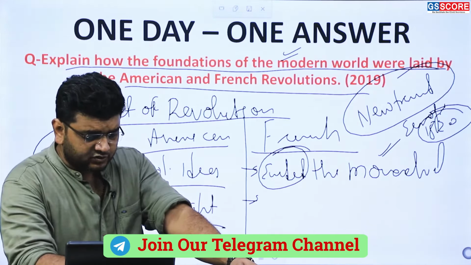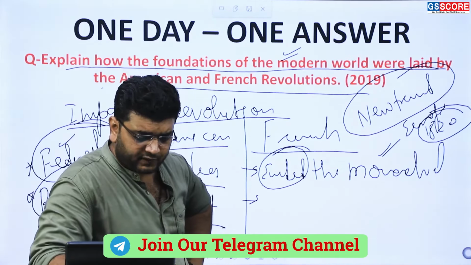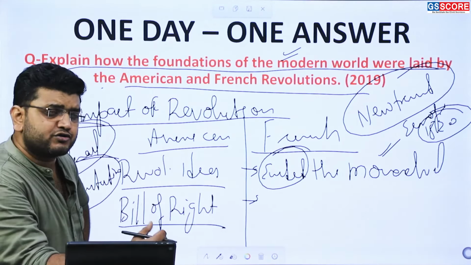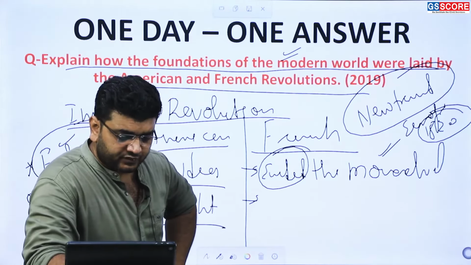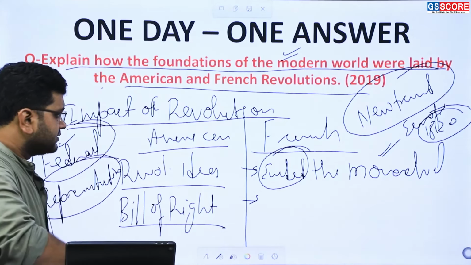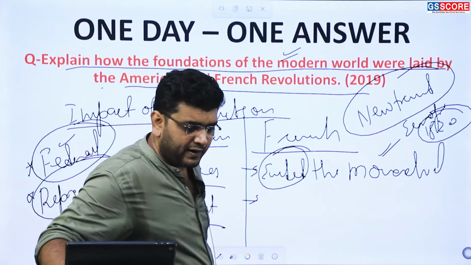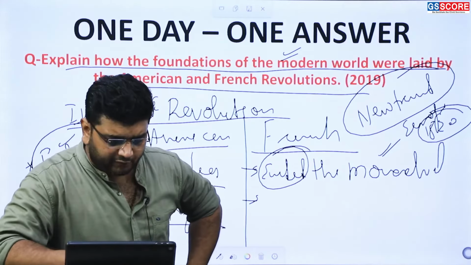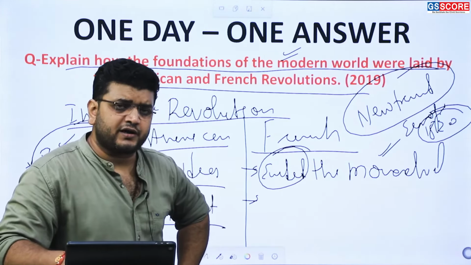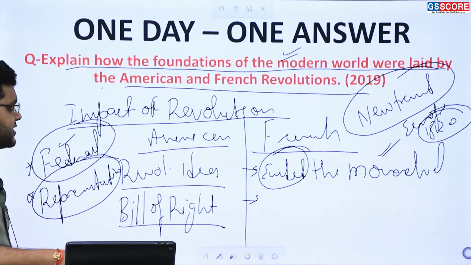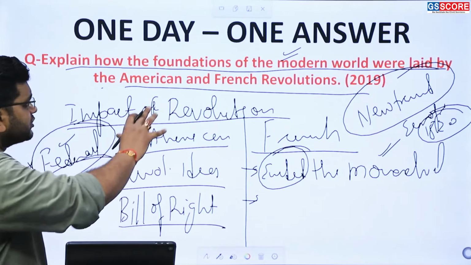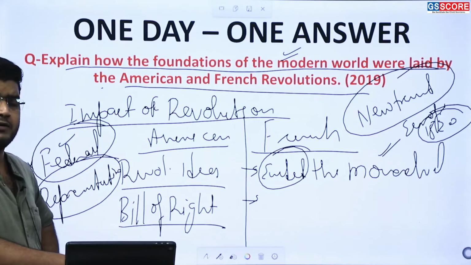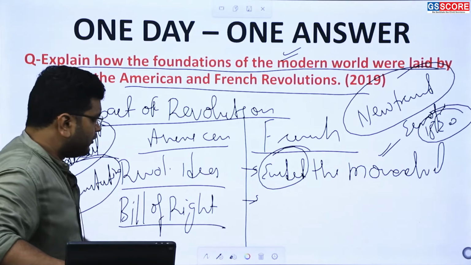Then in terms of the French Revolution, spread of democratic ideals, end of the absolute monarchy, the rise of constitutional methods to govern, the social and economic reforms, that the economy has to be based on equality, economic injustice will not be tolerated, and the rights of the worker. The rise of new philosophies like socialism and communism took birth. So these were the foundations of the modern world, the modern ideas in the nature of economy, the organization of economy and the polity. I hope this point is clear to you.